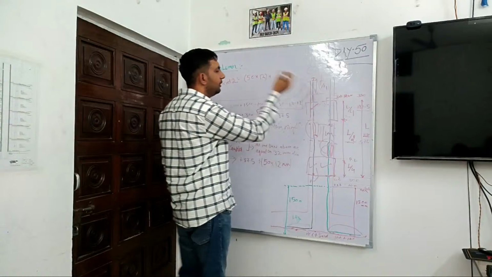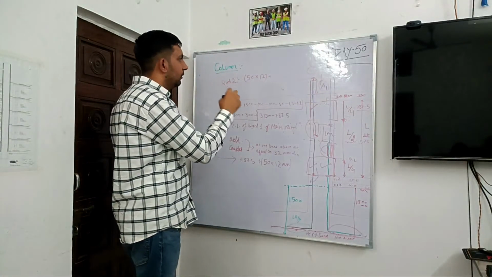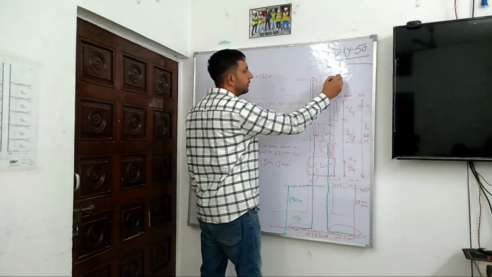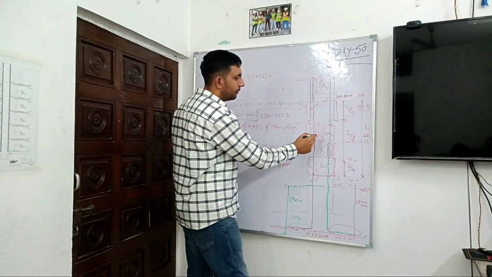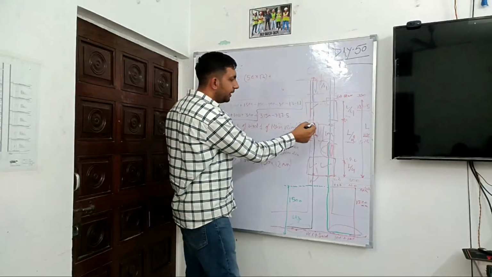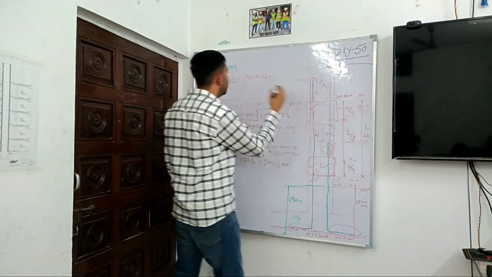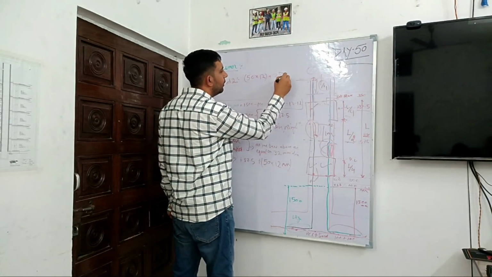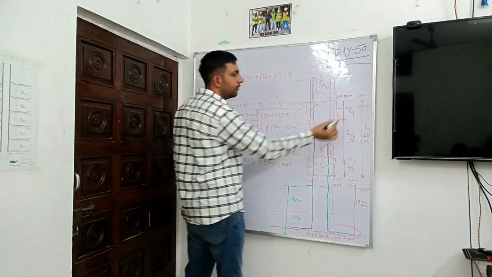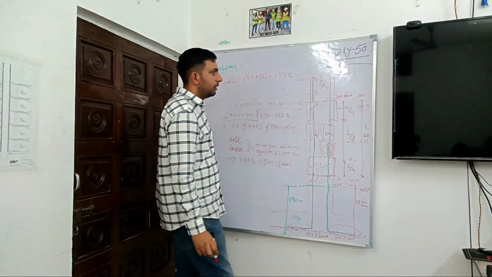So let's say we are completing it here. We have considered 50D, then plus L by 4 of this portion, which is 787.5. This is a manual value we have assumed.